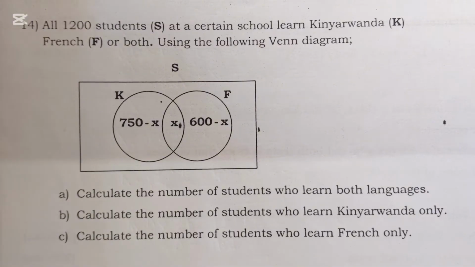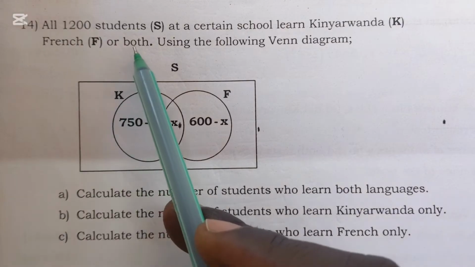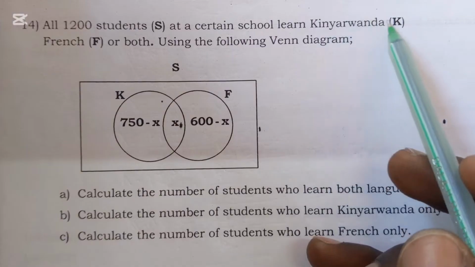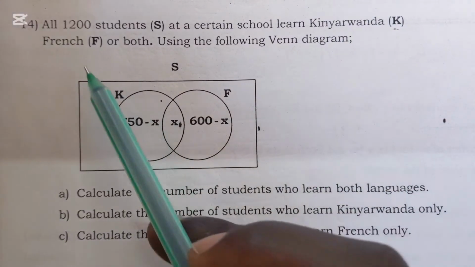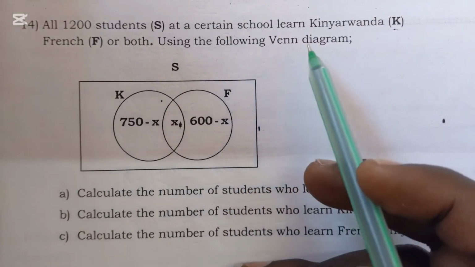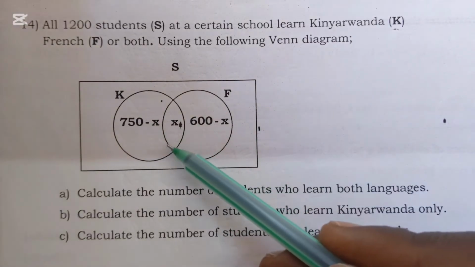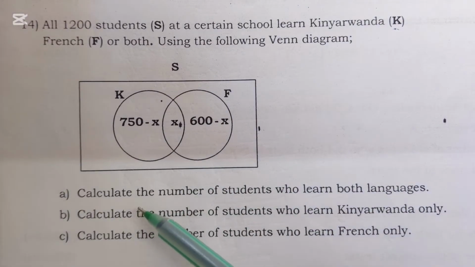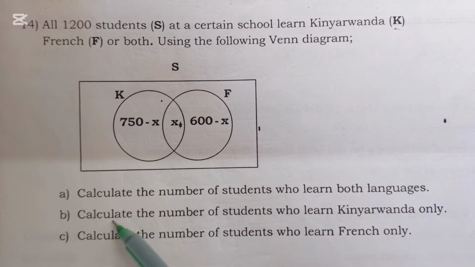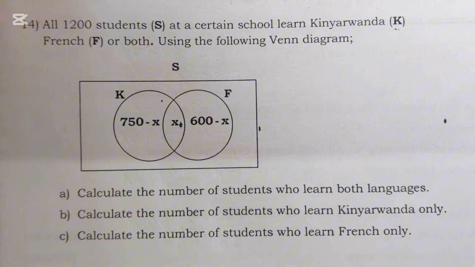It says that all 1,200 students at a certain school learn Kinyarwanda (K), French (F), or both, using the Venn diagram shown here. (a) Calculate the number of students who learn both languages. (b) Calculate the number of students who learn Kinyarwanda only. (c) Calculate the number of students who learn French only.